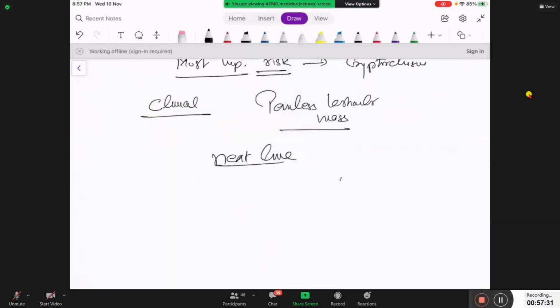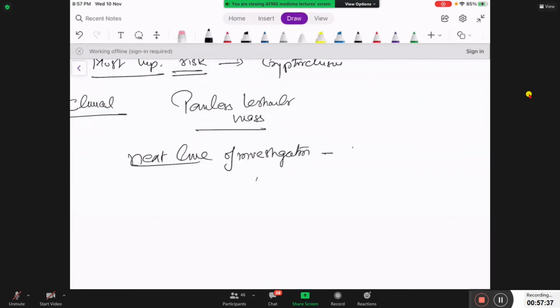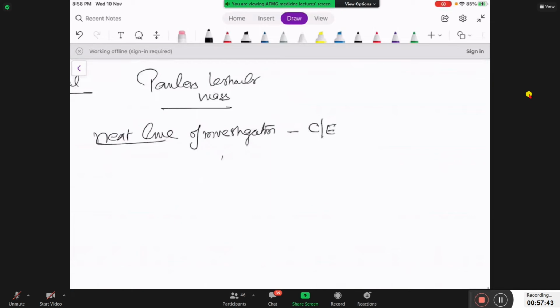Next line of investigation. Very good, it is clinical examination. And in this clinical examination, very important point, you are supposed to do the fluctuation test and trans-illumination test.